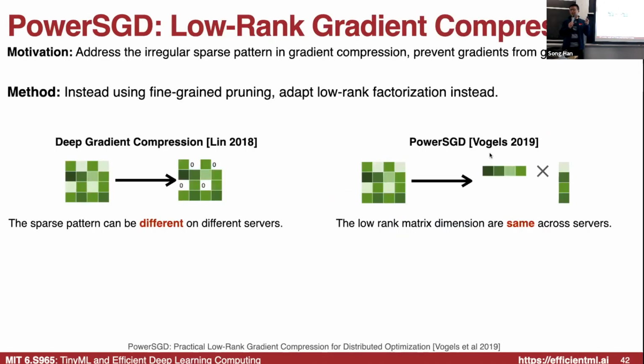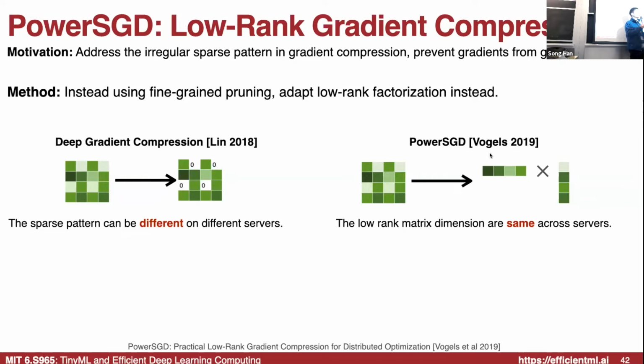Okay, so how do we solve that problem? People proposed PowerSGD, which uses another method to prune the gradient, actually using low rank approximation. Rather than pruning those smaller gradients, PowerSGD uses this low rank representation.